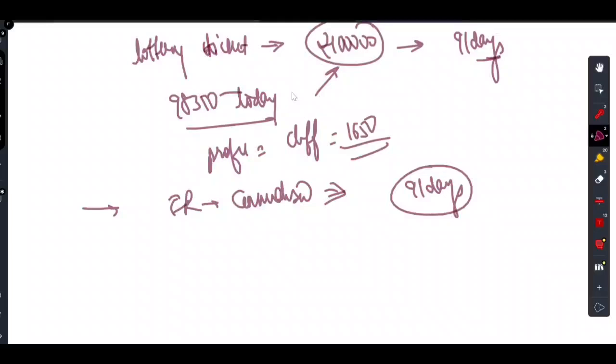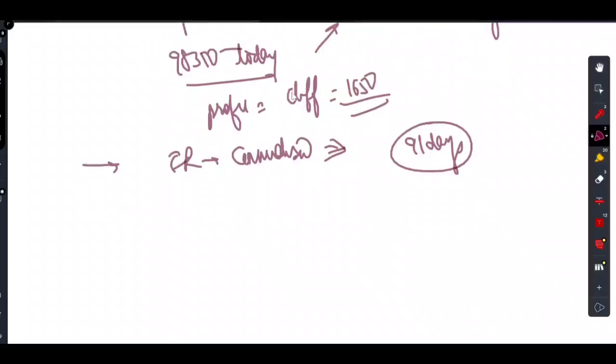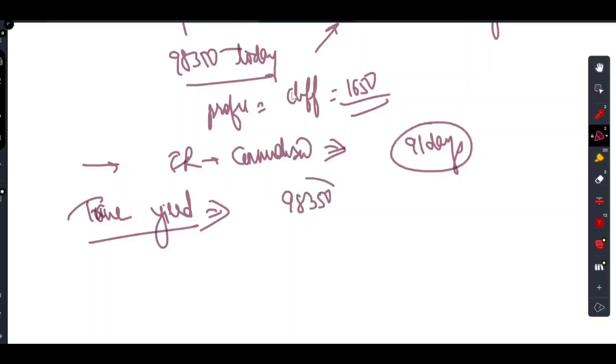To find the true yield, you have to do two things. First, you calculate the profit you made based on the money that actually left your pocket, which is 98350. And second, scale that 91-day profit up to see what it would equal if you kept repeating this exact same deal for a full 365 days.